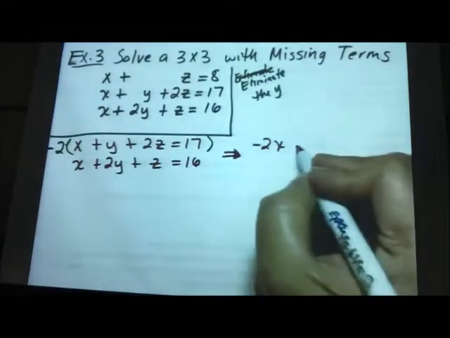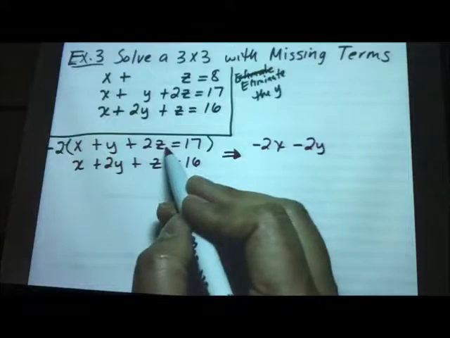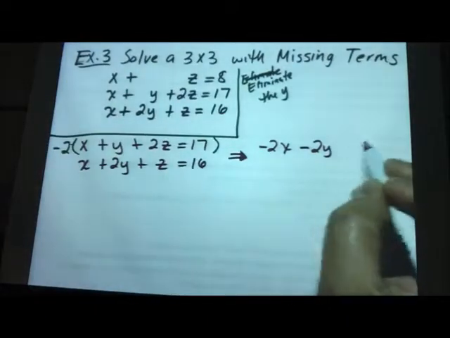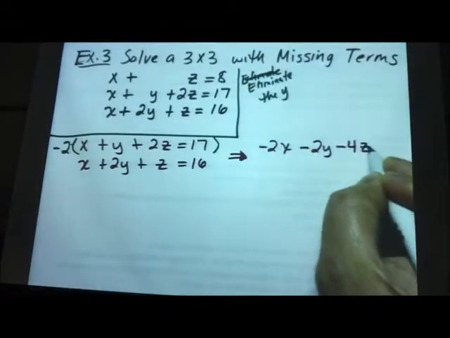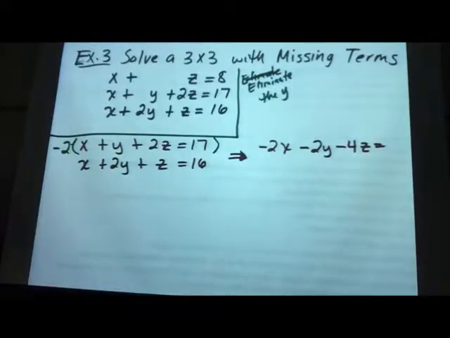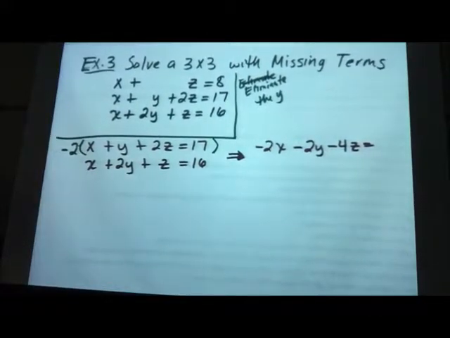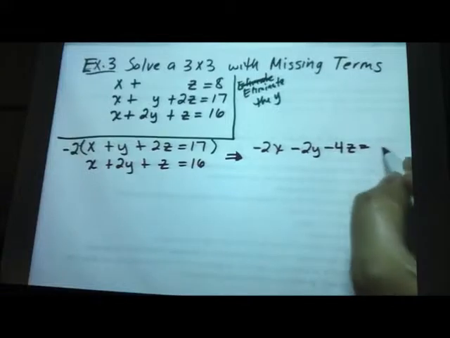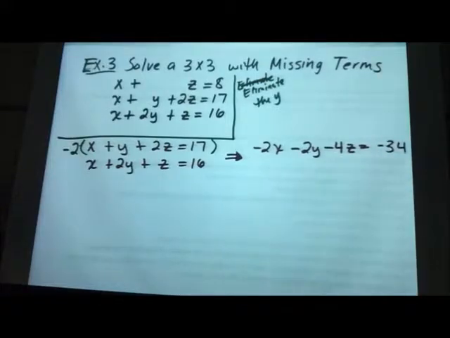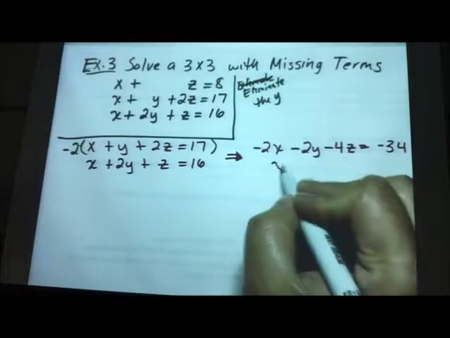Negative 2x. A negative 2 times y, a negative 2y. A negative 2 times 2z would be a negative 4z, and a negative 2 times 17 would be a negative 34. The bottom one stays the same.